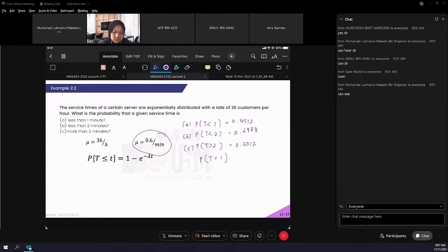Okay, because here we have t less than or equal to, but here we have t less than 1. So what is the value of t equals to 1? Okay, anyone?